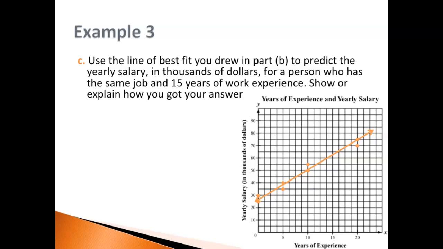Okay, so if you're just going off of this line that I've drawn here, for someone who has had 15 years of work experience, look along the x-axis and find 15, and see where that falls on the line that I just drew. Well, I'm going to put this blue dot here. That's where it lands, and that looks like it's somewhere between 60 and 65. So maybe approximately $62,000.